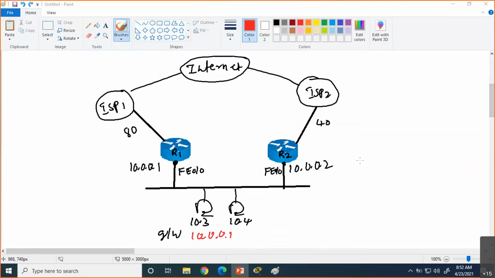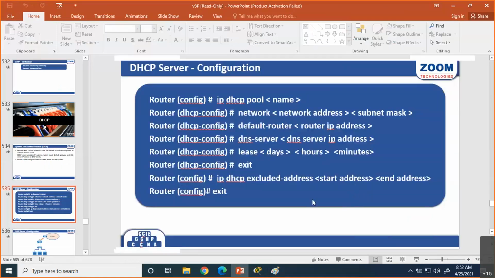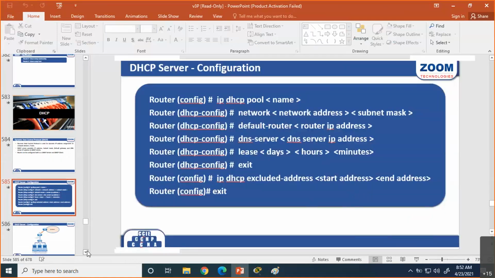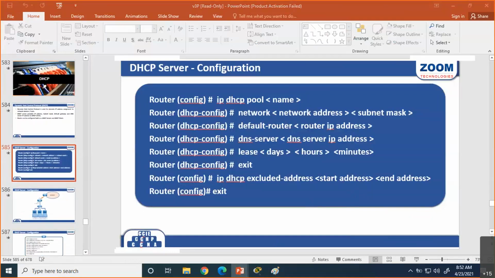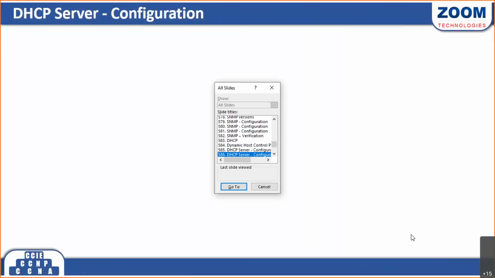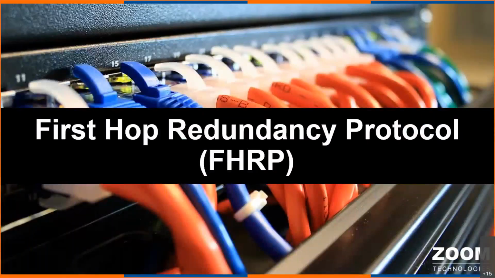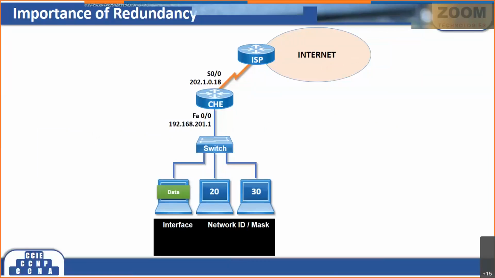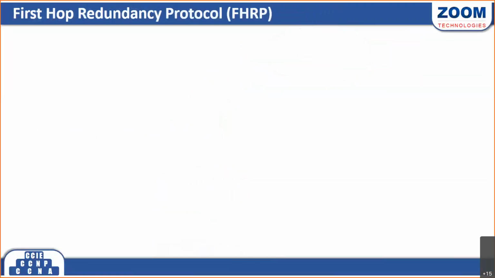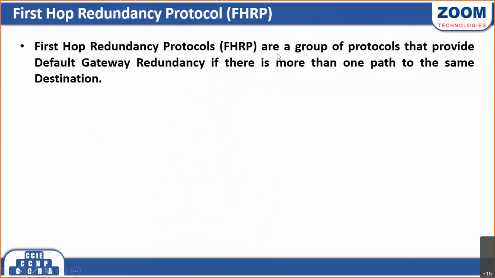So we have some protocols. Those protocols are FHRP, first hop redundancy protocol. First hop redundancy protocols are a group of protocols which provide default gateway redundancy if there is more than one path to the same destination.